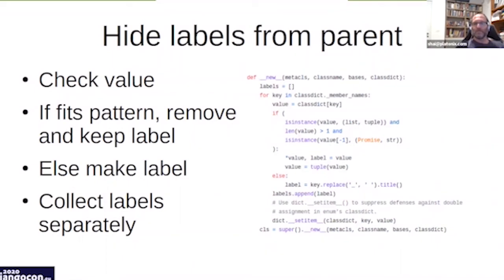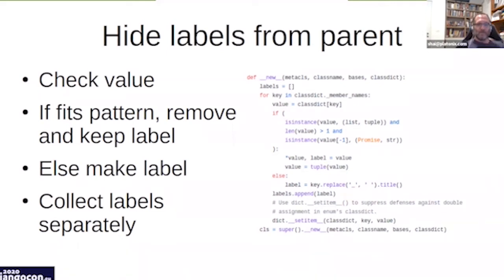It's either a string or a promise, which is what you get if the user puts in a translatable string. If this is the case, we take the label off the value and leave in it only the preceding parts. Otherwise, we leave the value alone and generate a label from the key, which is the member name.